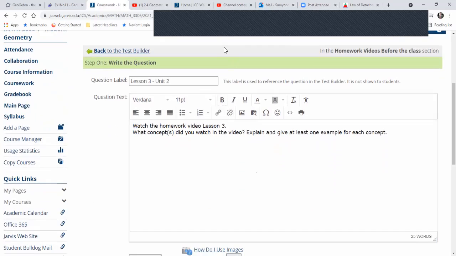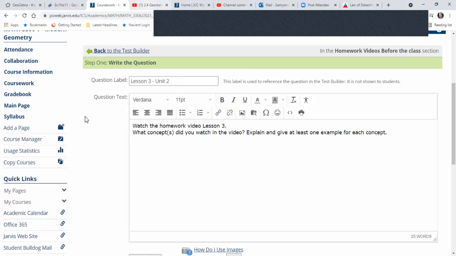First is deductive reasoning. So what is deductive reasoning? And then the second one is about the law of detachment. So you need to answer this one and explain what is law of detachment, what is inductive reasoning, sorry, and then what is the syllogism.